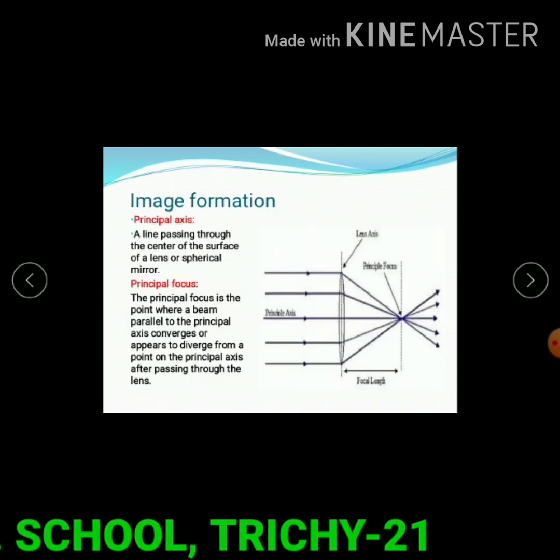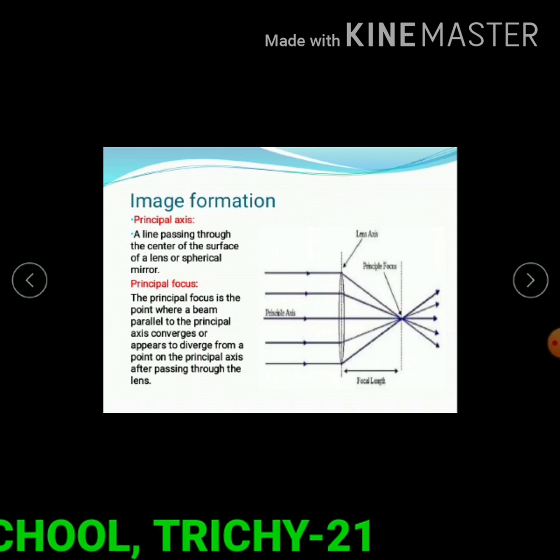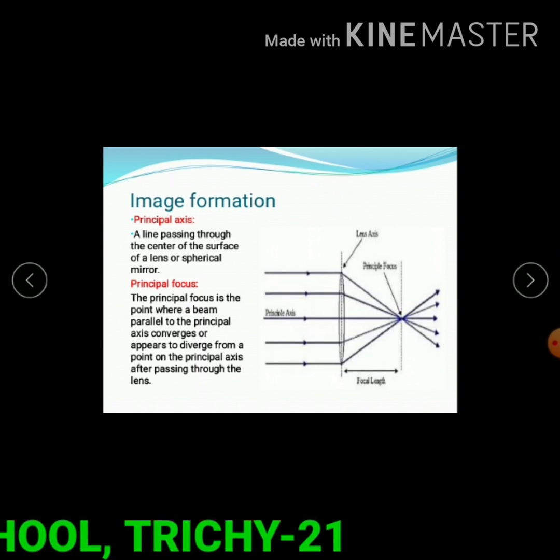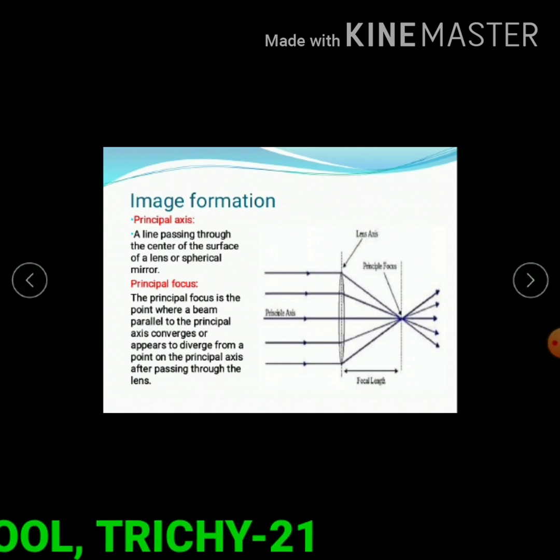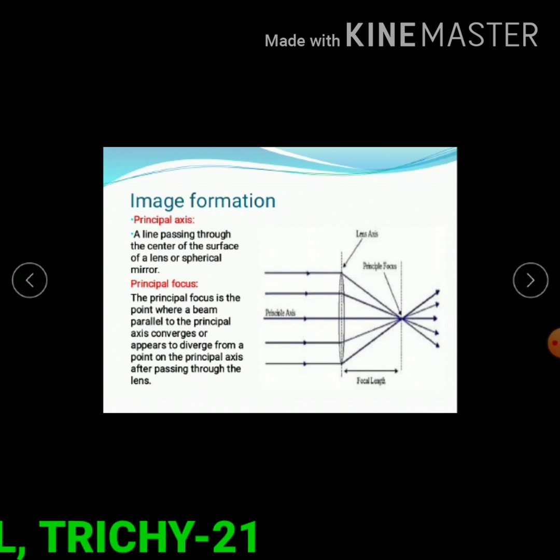So next we are going to learn the image formation of convex and concave lenses. Before getting to this topic, we need to know the important terms of image formation. First is principal axis, a line passing through the center of the surface.